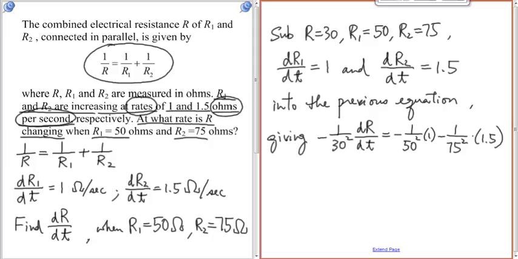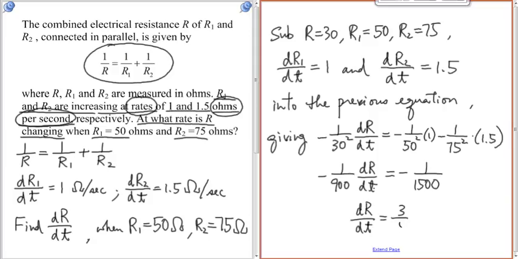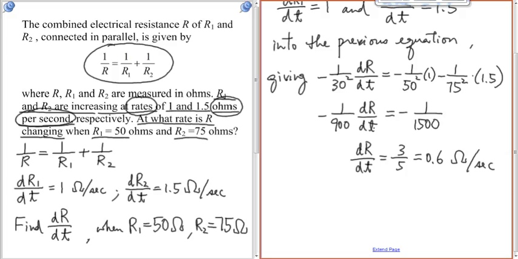Then we will get negative 1 over 900 times dR by dt equals negative 1 over 1500. Solving for dR by dt, we get 3 over 5, which equals 0.6 ohms per second. Now don't forget at the end, let's answer in words.